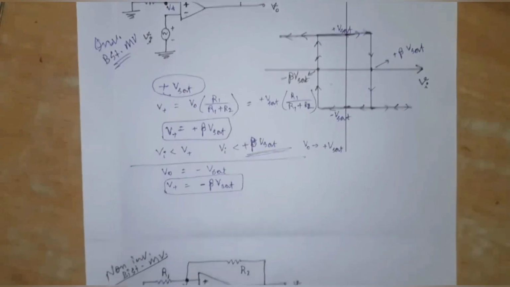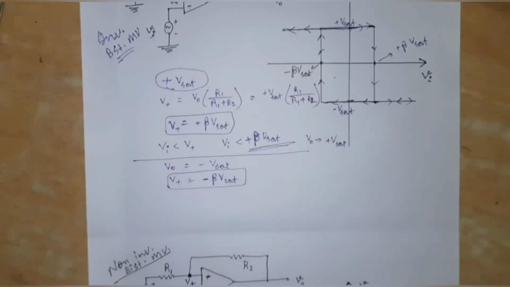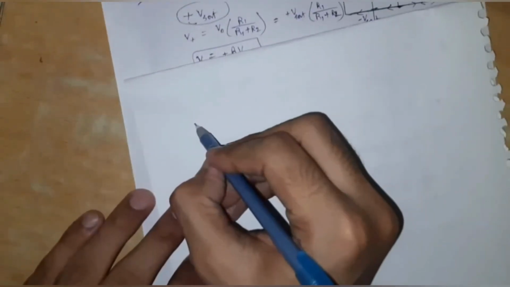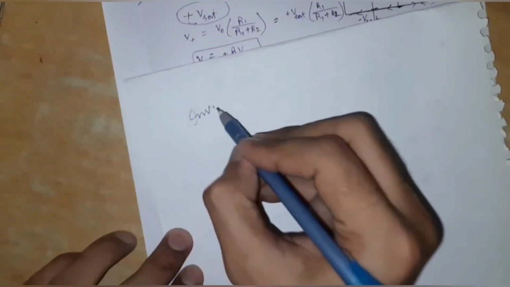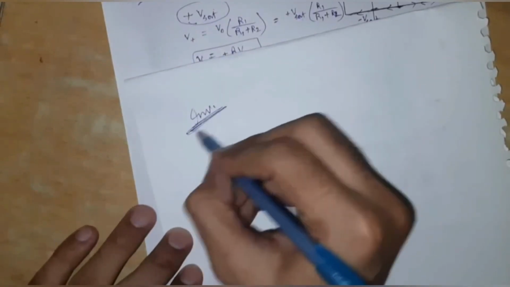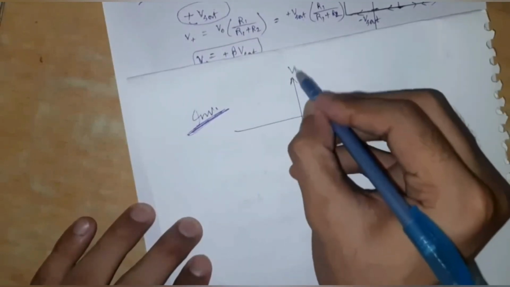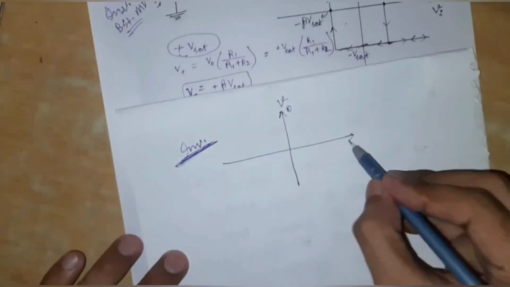So I'll just tell you a short and easy method so that you know which transfer characteristic is of the inverting or non-inverting bistable multivibrator. So here we go. See, the word is for inverting bistable multivibrator. Just focus on this, inverting. So this is V out and this is V in.